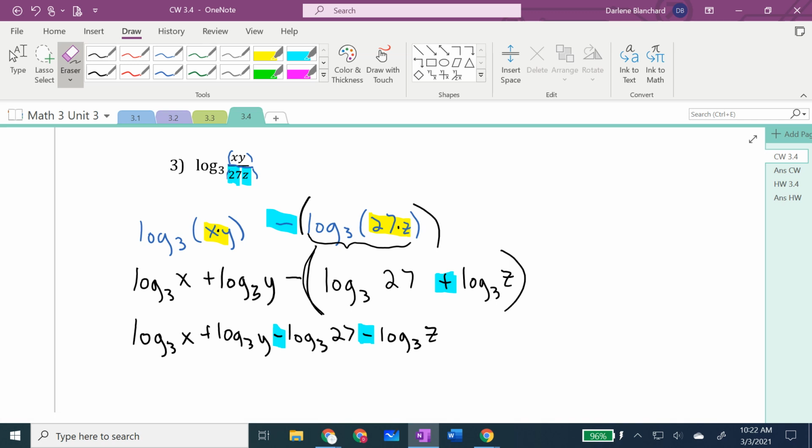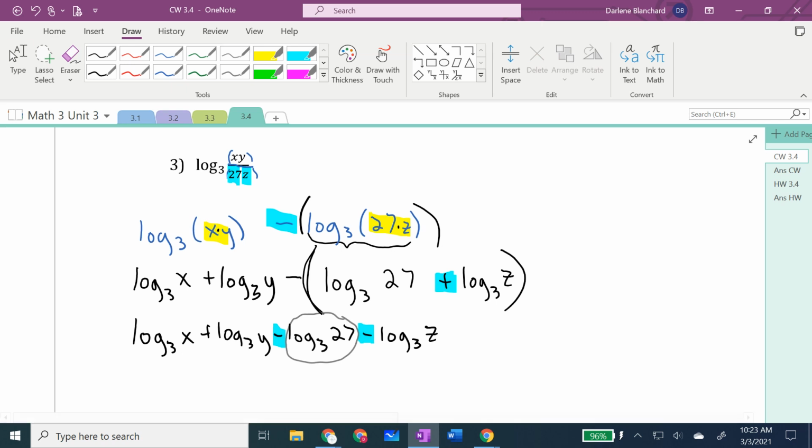Now, this is expanded because when I look inside, I don't see any multiplication or division. However, the next step is simplify. And the simplify is referring to when you have a number in a logarithm, you want to see if that can be simplified.